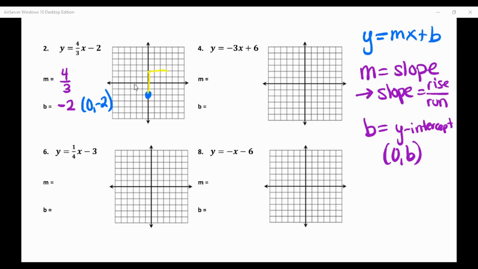That yellow line is not part of the line. I'm just using it to show my directions that I'm taking to get to the next point. We can do that again. We can go up 4 units to the right 3. In addition, we can also move down 4 units to the left 3 from the y-intercept.